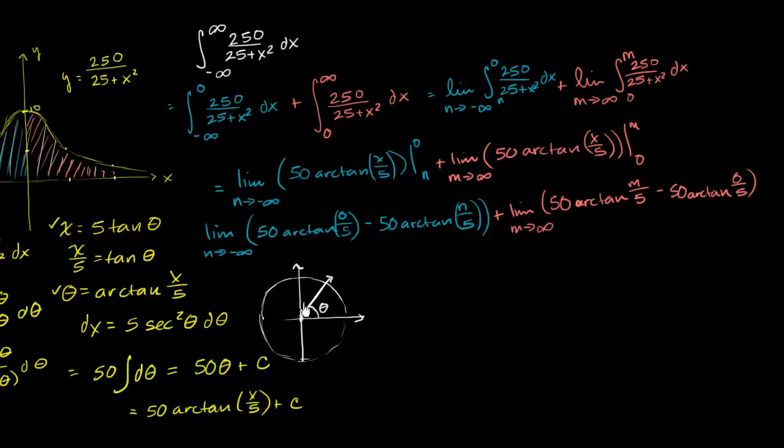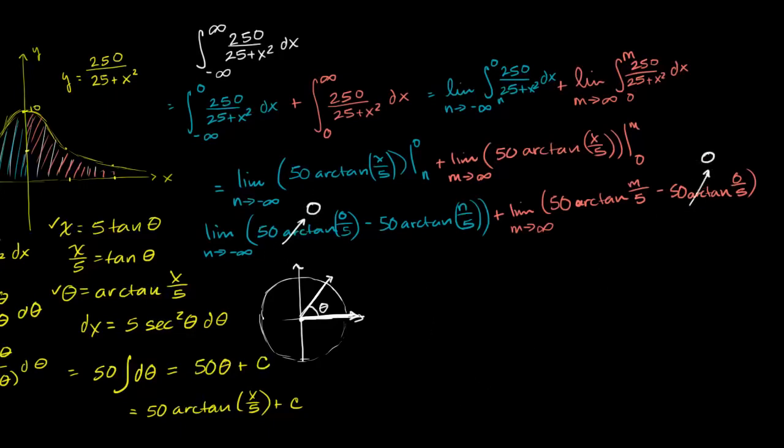So if I want the arctangent of 0, it's essentially saying, let's get an angle where the terminal side has slope 0. An angle where the terminal side has slope 0 is an angle of 0. So arctangent of 0 is 0 radians. So it's 50 times 0, that's just going to be 0. And we could also write that over here. This is just going to be 0.